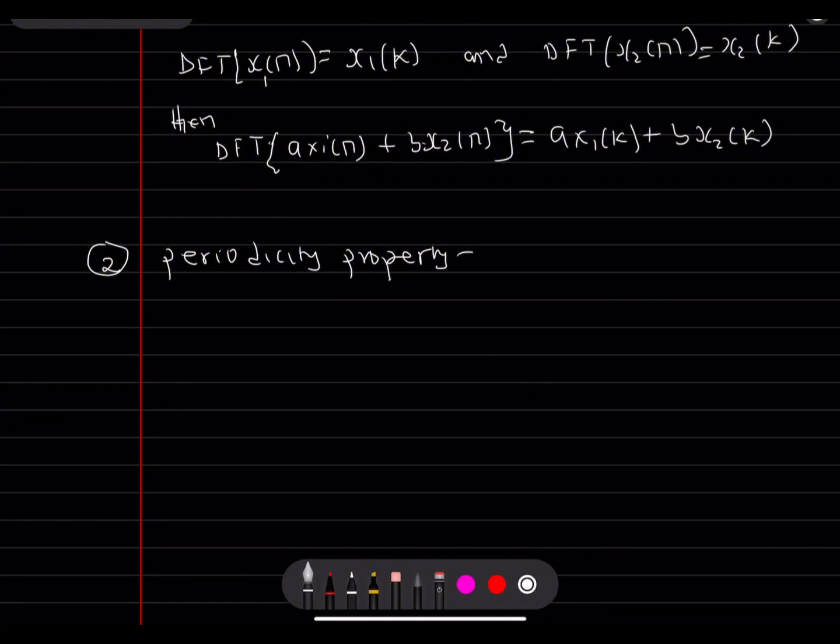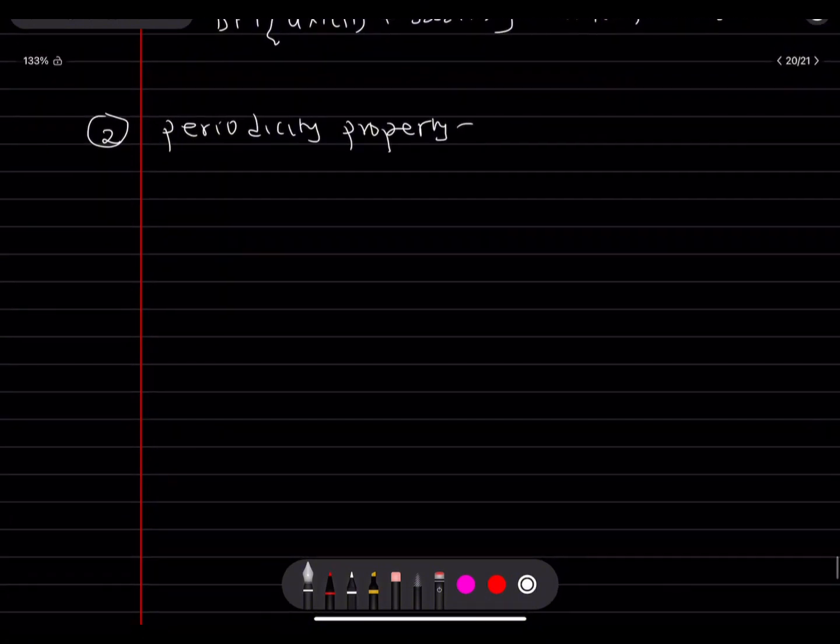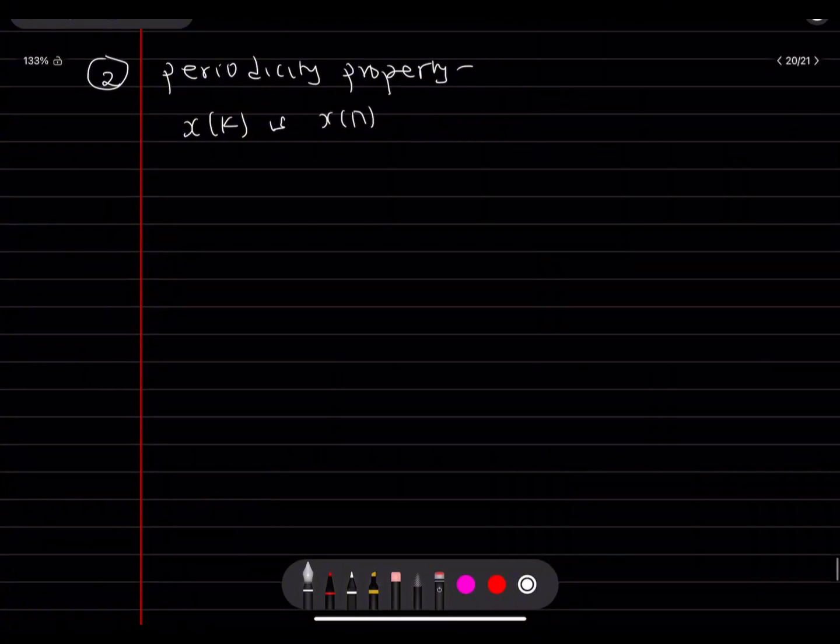For the periodicity property, we made the case that if x of k is some N-point DFT of a finite duration sequence x of n, then we can say that x of n plus N is equal to x of n for all values of n.